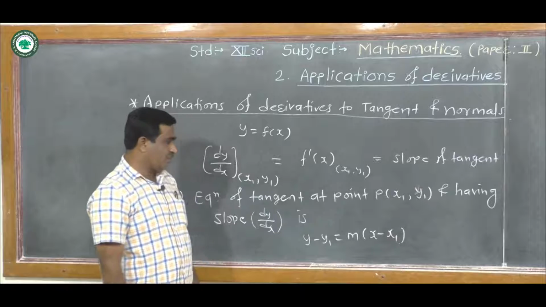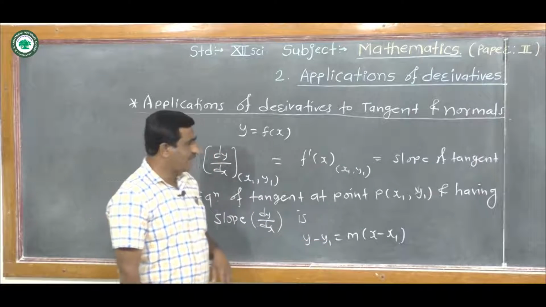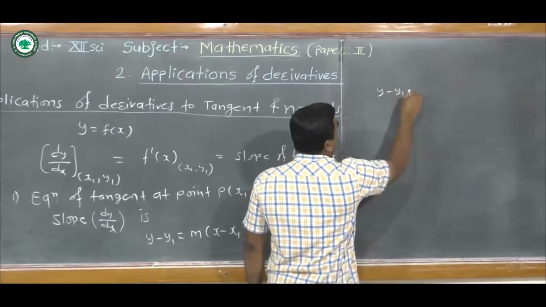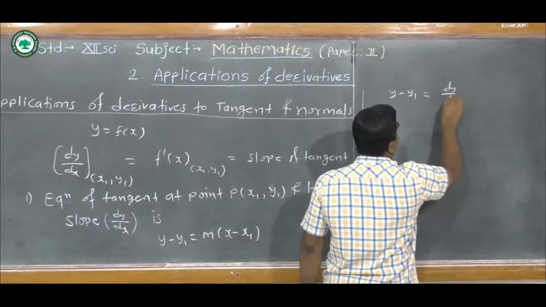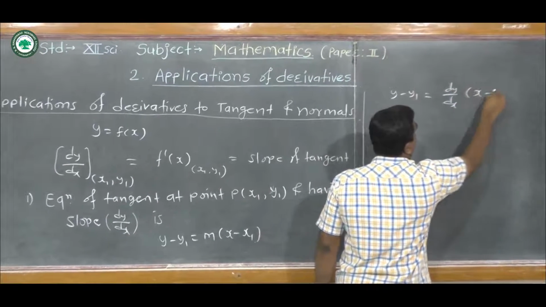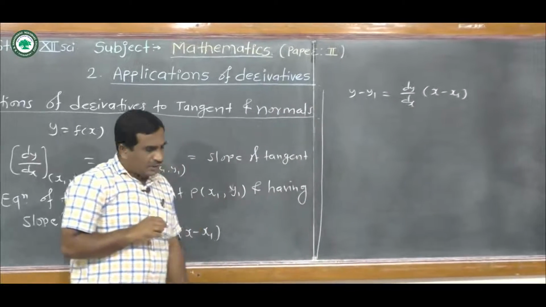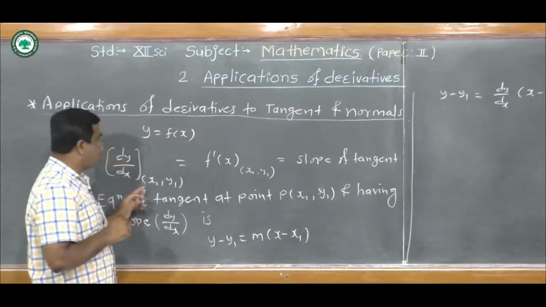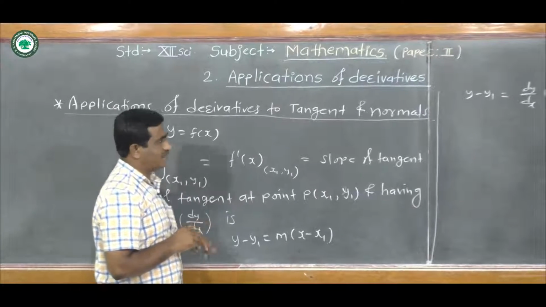Here we put slope m equal to dy by dx. Then we can write y minus y1 is equal to dy by dx into x minus x1. This is the equation of the tangent at point P(x1, y1) having slope dy by dx.